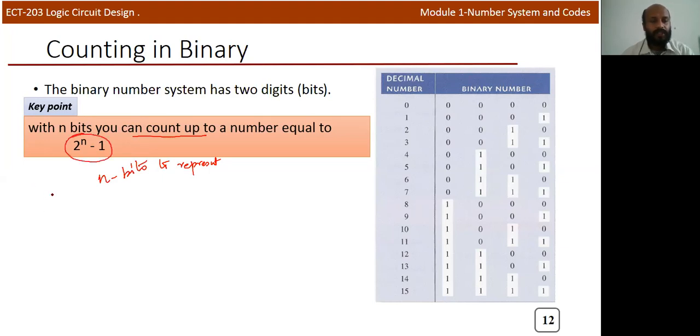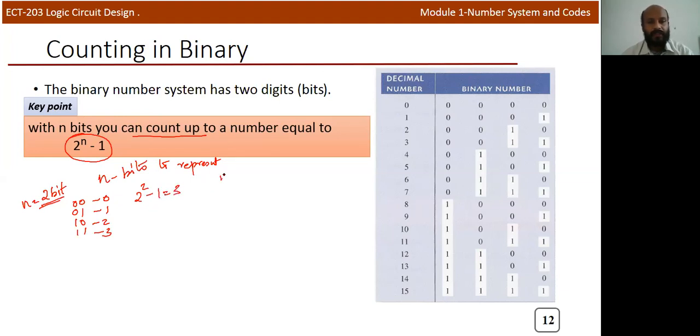For example, if you are using only 2 bits, you can write 00, 01, 10, 11. This corresponds to 0, 1, 2, and 3. So with n equal to 2 bits, 2 squared minus 1, which is equal to 3.